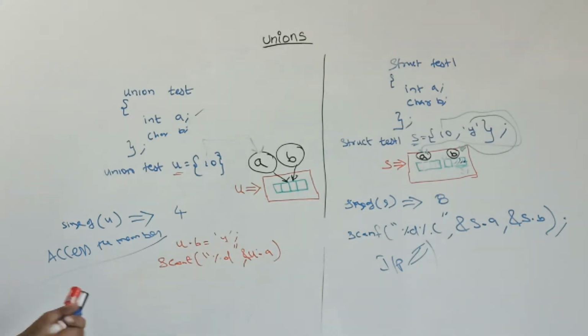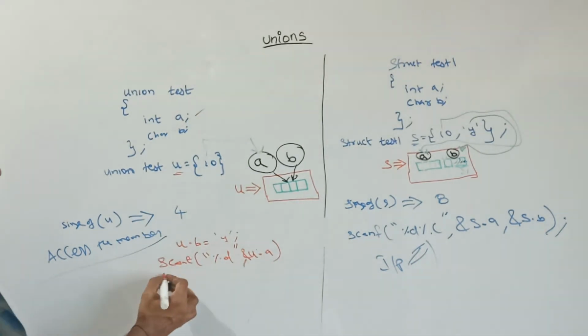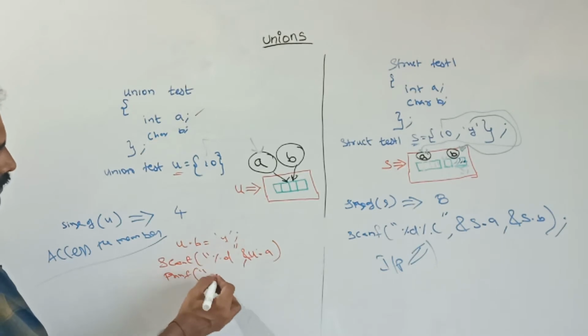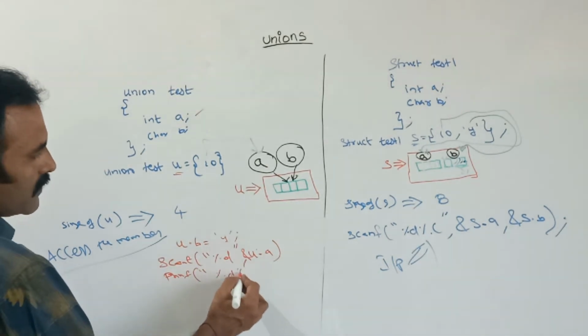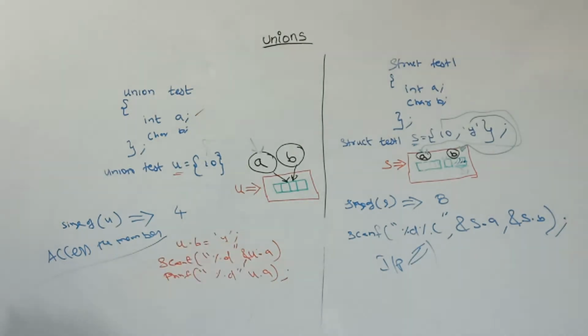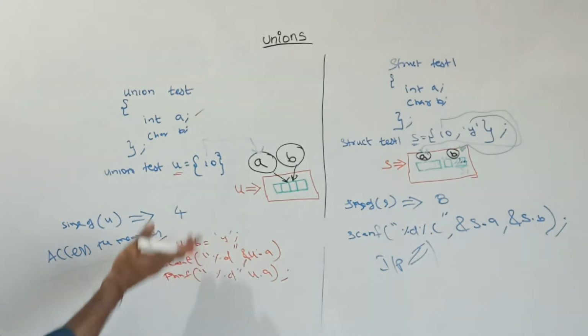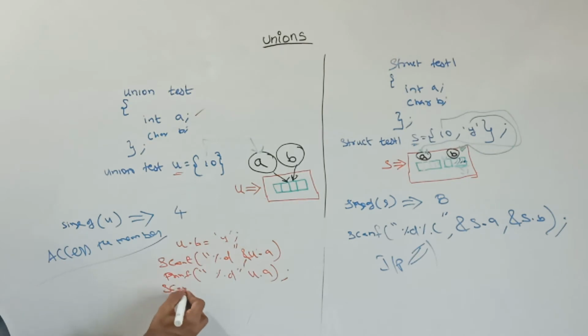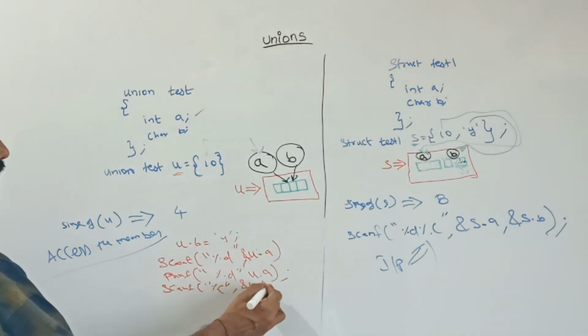After that we can print the value. If you are telling it to print the value of a, then the a value will be printed. Suppose you want to get the value for b, we can give scanf again, percentage of c, ampersand of u dot b.